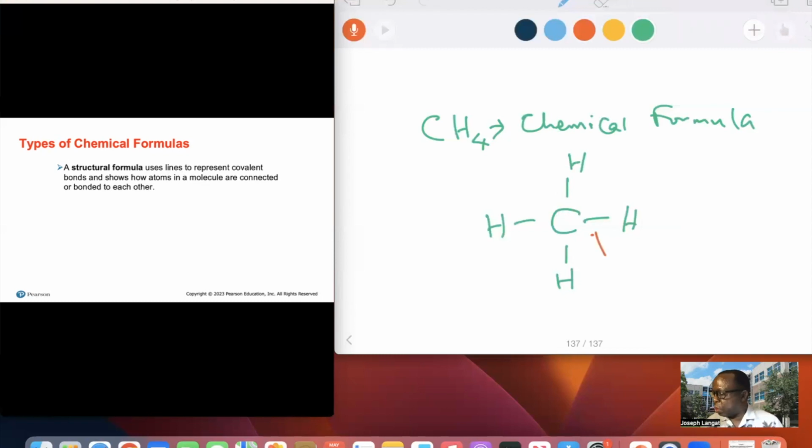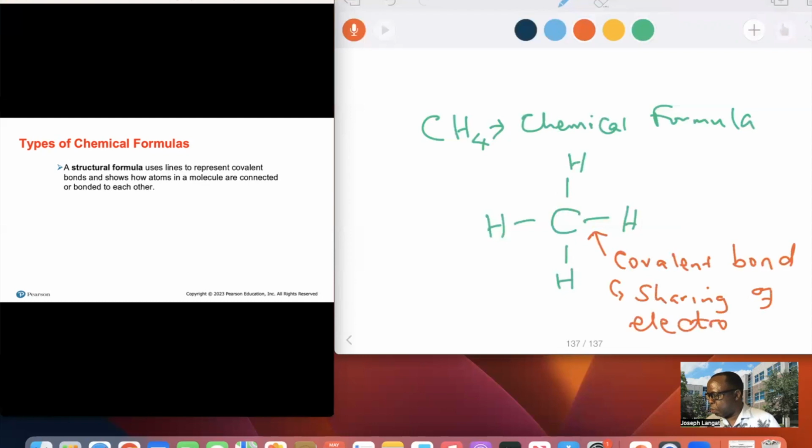Here the lines represent what we call covalent bonds, which is sharing of electrons, all right? That's what's meant by covalent bond.